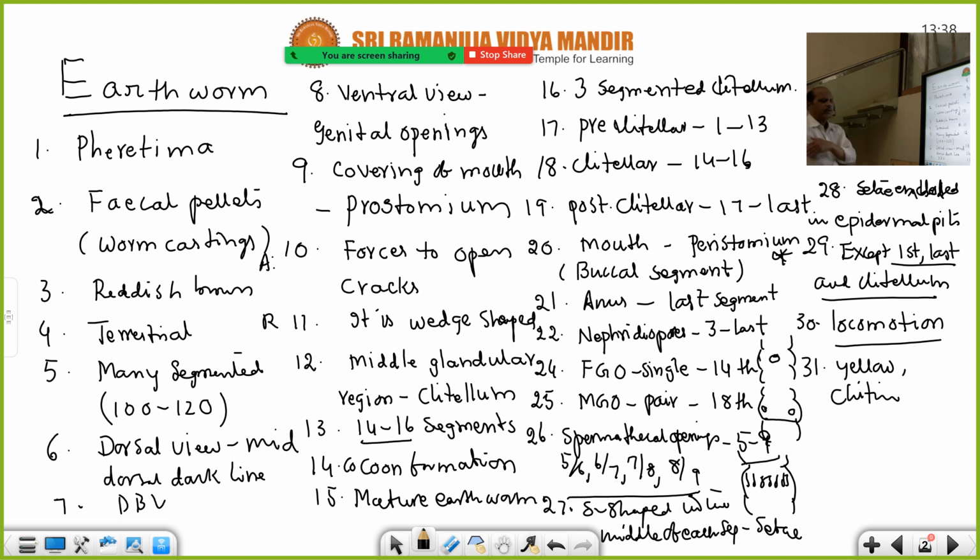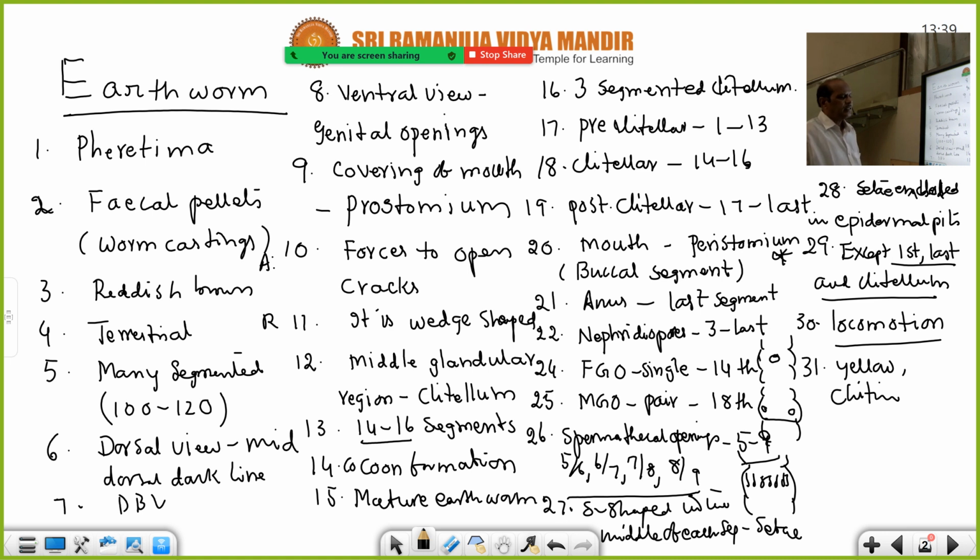Okay. Now let us tell me the 27th. S-shaped structures in the middle of each segment. Suppose this is page last and pen is also skipping there, that's why writing like that.